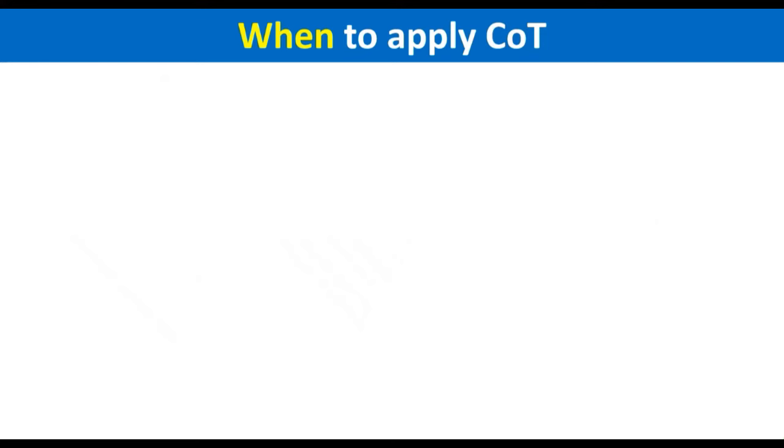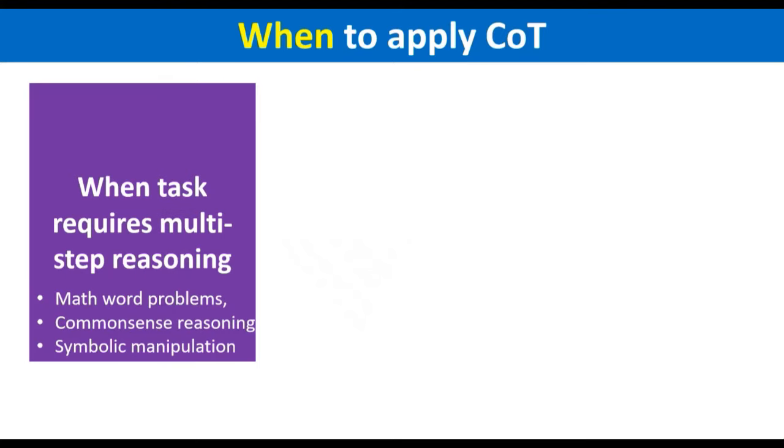With various research and experiments, it is concluded that chain of thought helps the most when three conditions are met. Number one, the task is challenging and requires multi-step reasoning.